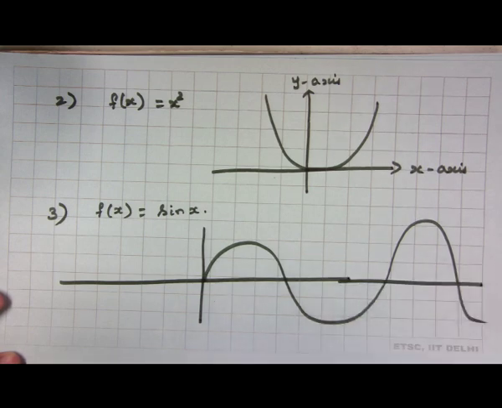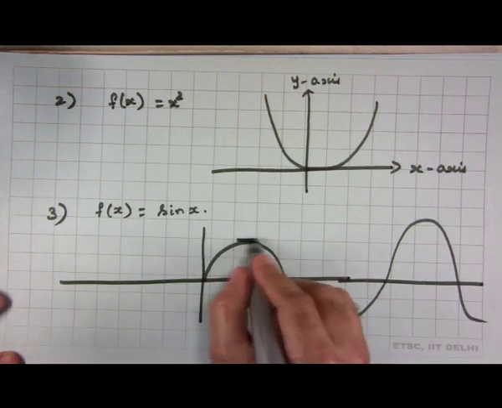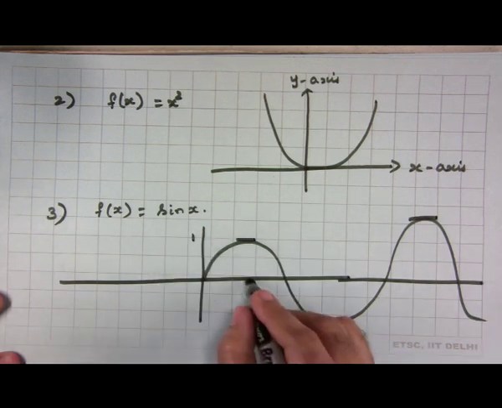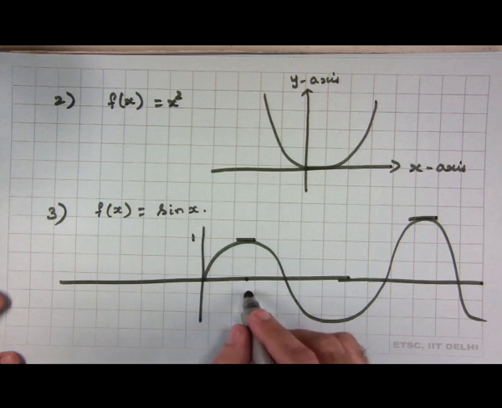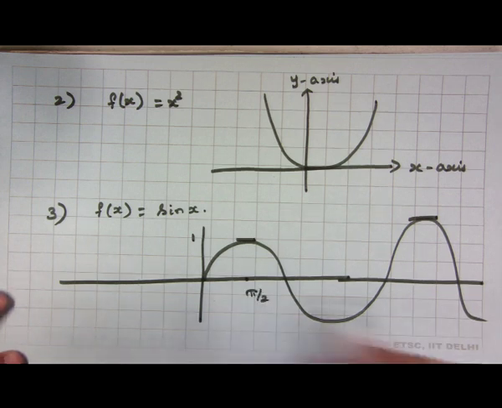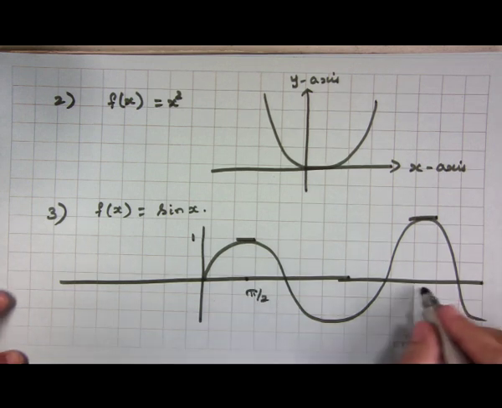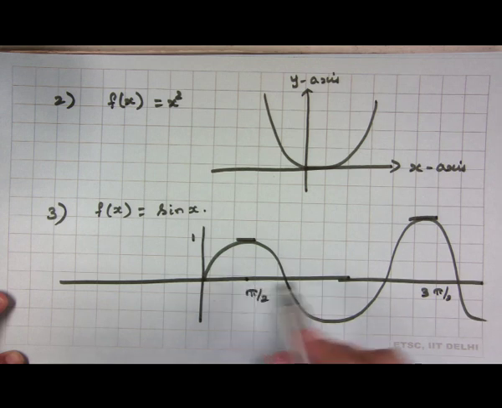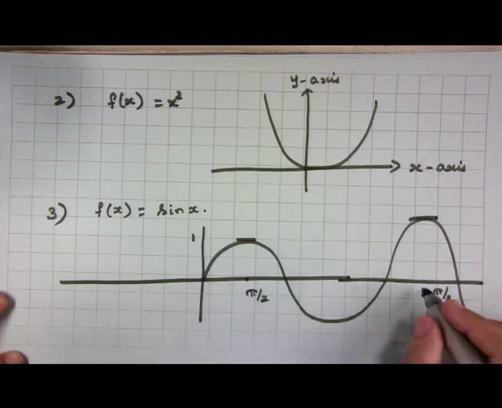This is how it goes. The peaks, or exactly the maximum that it can attain, is 1, and they are attained at pi by 2, 3 pi by 2, 5 pi by 2.